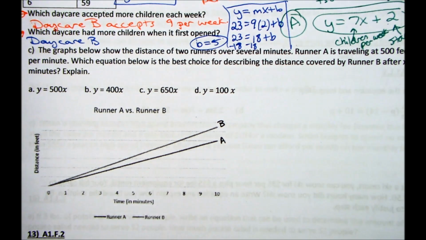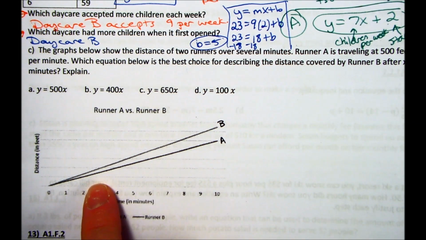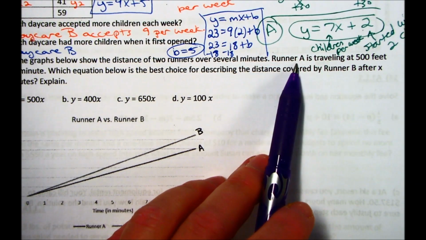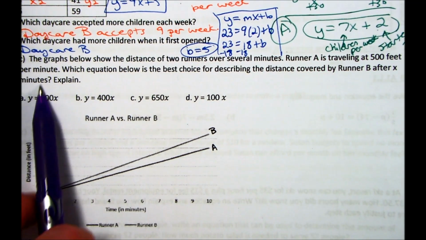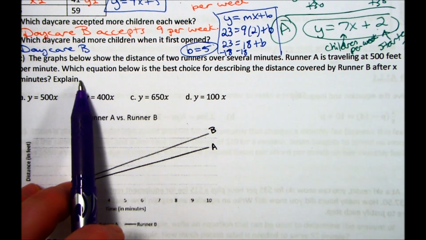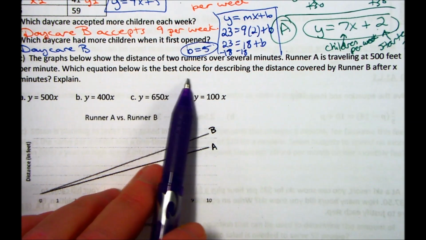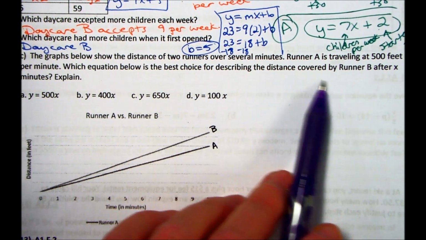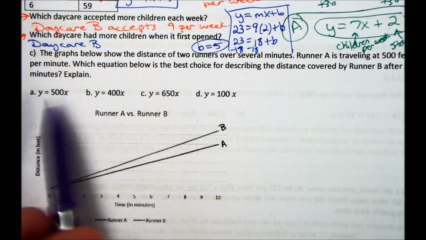Okay, so the graphs below show the distance of 2 runners over several minutes. They tell us runner A is traveling at 500 feet per minute, which is nice, but they want to know which equation is the best choice for describing the distance covered by runner B after x minutes.